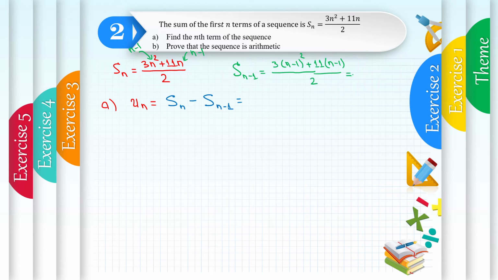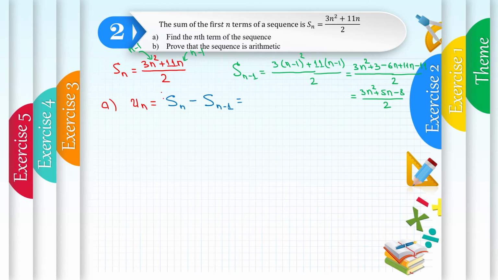If we open the brackets, we will obtain 3n squared plus 3 minus 6n plus 11n minus 11, all divided by 2, which gives us (3n squared plus 5n minus 8) over 2.